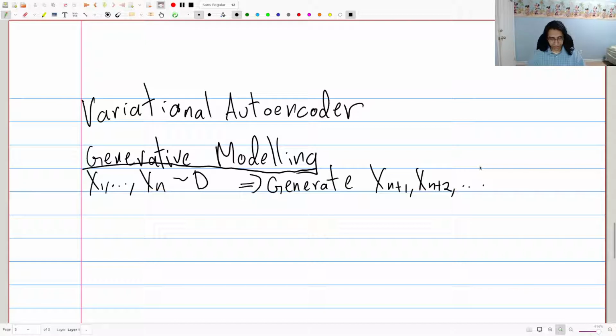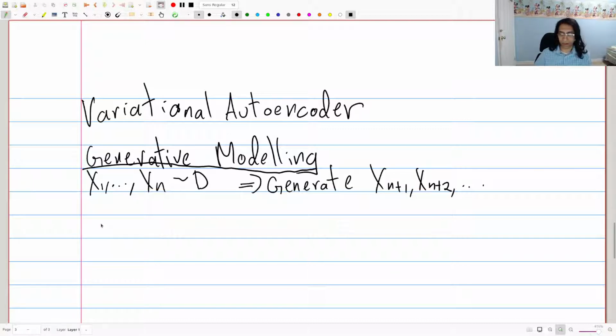While before we were looking at fairly simple D, in the sense that last time we were looking at mixtures of Gaussians, recall mixtures of Gaussians are comparatively simple. Say you have a mixture of 10 Gaussian distributions. Sampling from a single Gaussian is super easy. Sampling from a mixture of Gaussians is easy if you know the parameters.